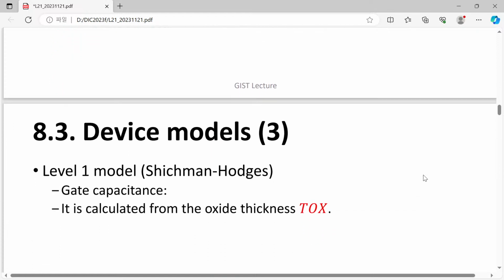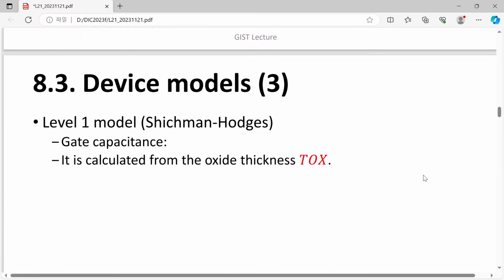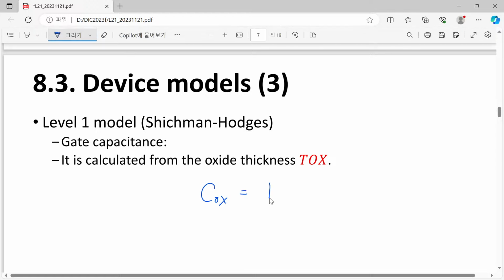And now let's go to the oxide thickness. Yes, in the case of oxide thickness, it is easily calculated from T ox. So you can, for example, say that C ox can be written as W effective multiplied by L effective, also calculated by the permittivity of our silicon dioxide divided by this T ox parameter.